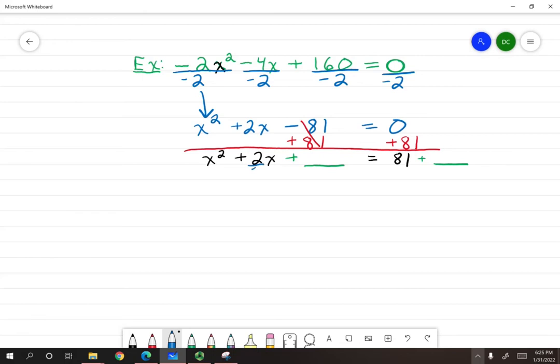I take this term, I half it. What is half of 2? 1. The next step is to square it. Half it, square it. 1 squared is 1 times 1, which is 1. This gives me x squared plus 2x plus 1 equals, I'm sorry, that's 80.